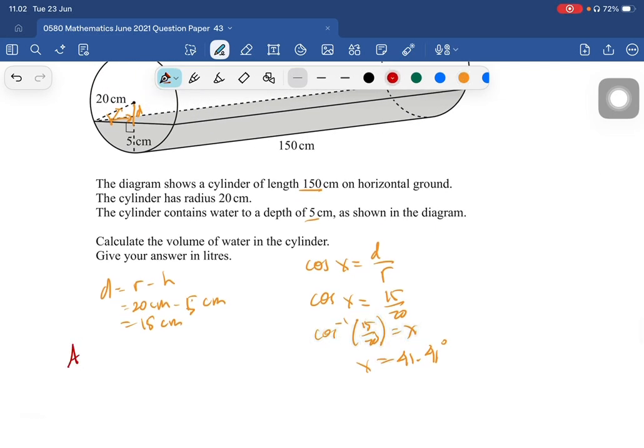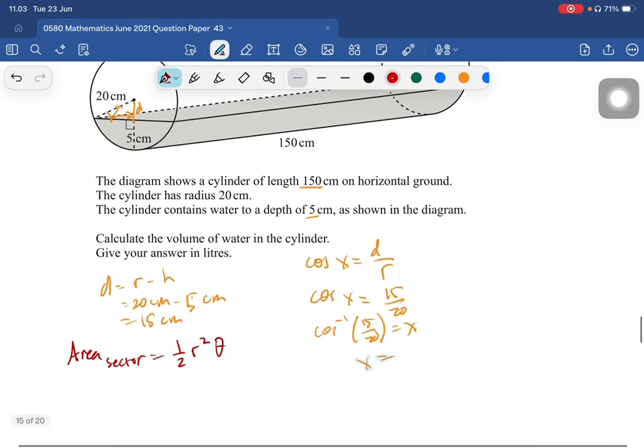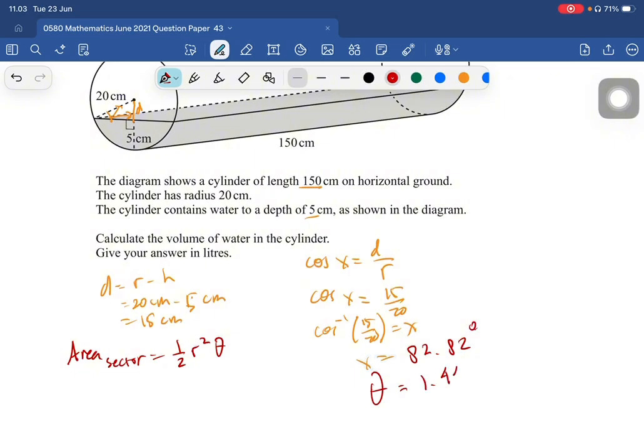Okay, let us calculate the sector area. Here is the area of the sector: a half r squared multiplied by the angle. The full angle is 82.82 degrees. If you would like to make it into radians, finding the sector is going to be easier. So this equals 1.44547 radians.